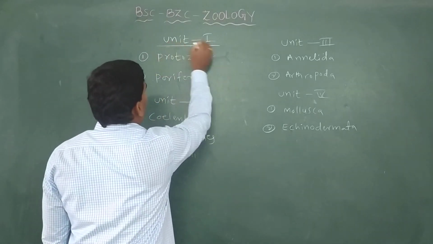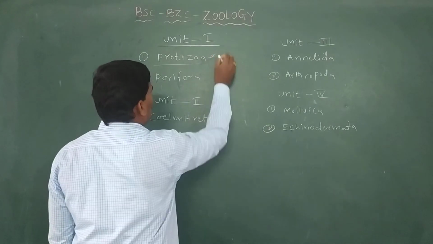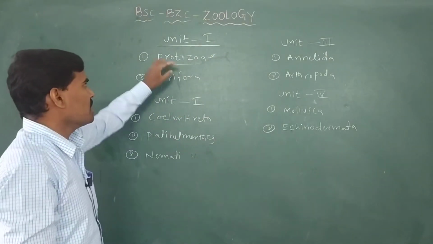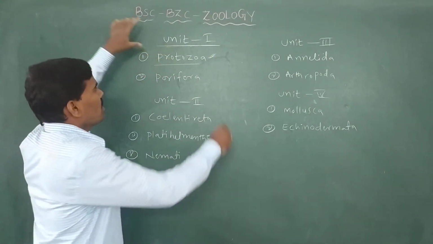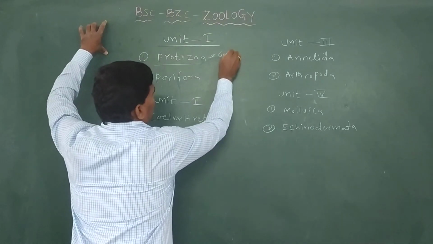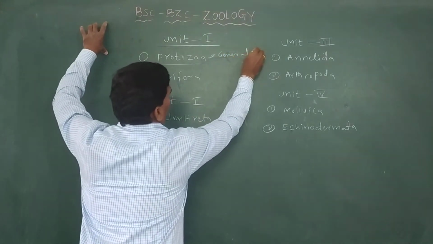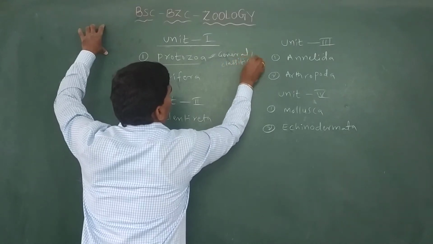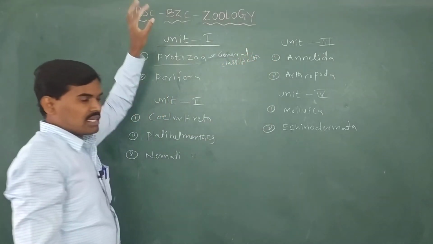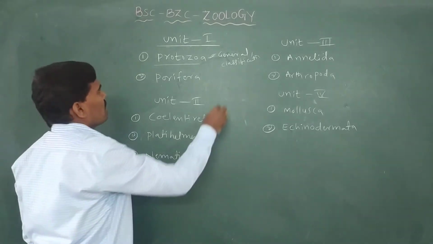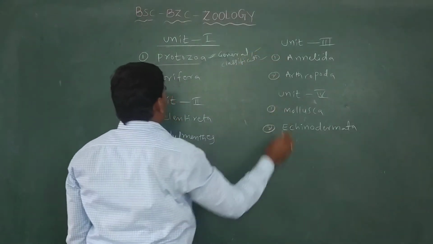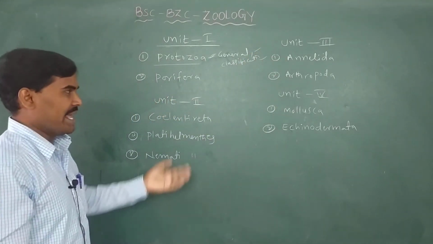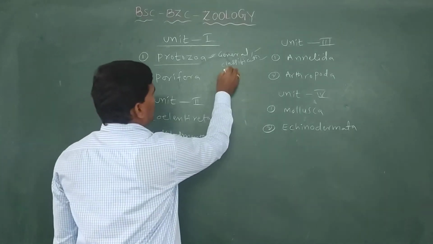The first chapter of the first unit is Protozoa. In this chapter we discuss general characters and classification of Protozoa. In addition, one type study.